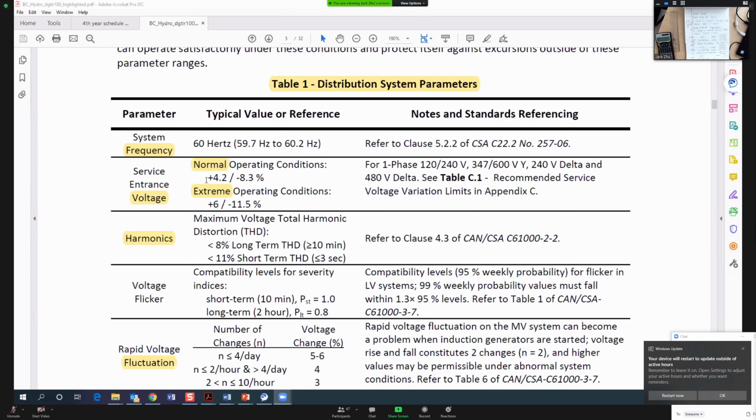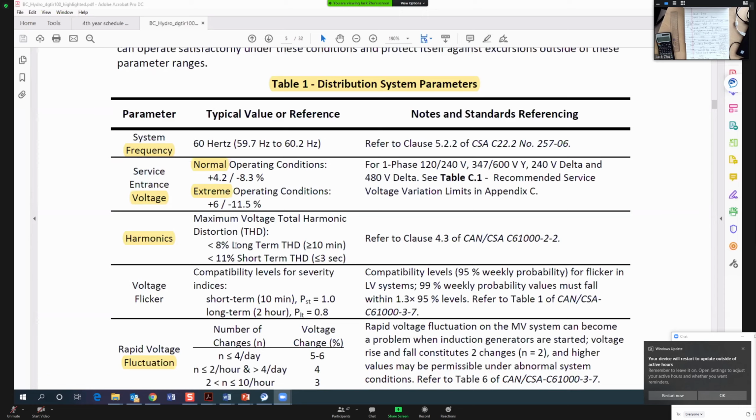They allow you to go in there. Frequency: 60 hertz is between 59.7 and 60.2, so this is a pretty tight frequency range. Then the voltage, normal operation and extreme voltage. Usually you can have a little lower voltage, but you cannot have too high a voltage.